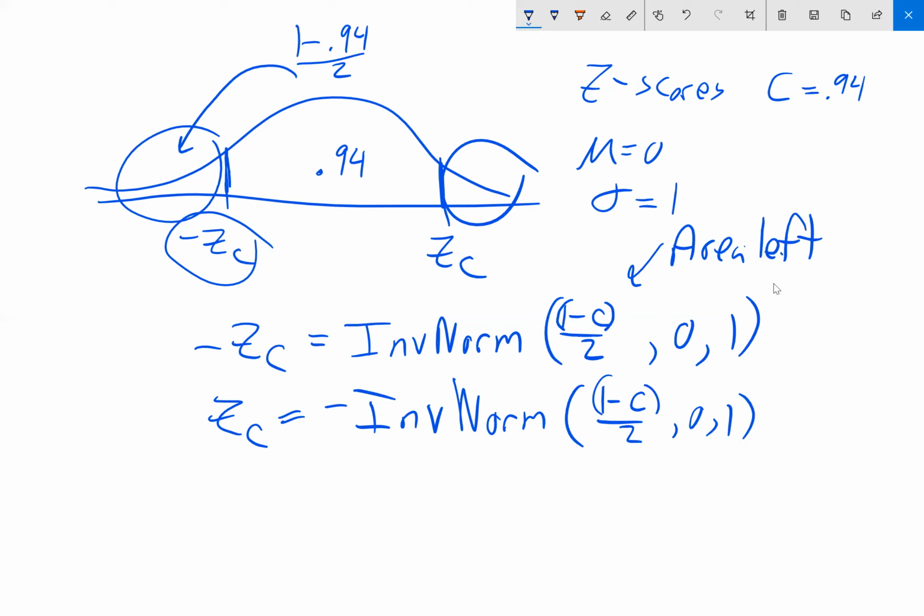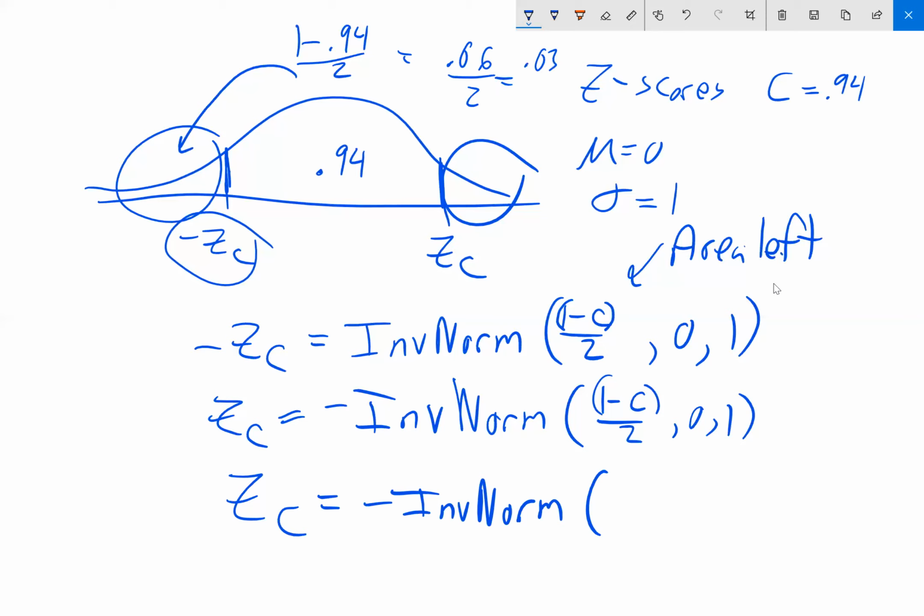If you want to think of this as a formula, you're more than welcome to use it for the test. For this one, to find the Z critical that goes with 94%, it's going to be the negative of the inverse norm of 1 minus 0.94, which is 0.06, and then 0.06 divided by 2 is 0.03.